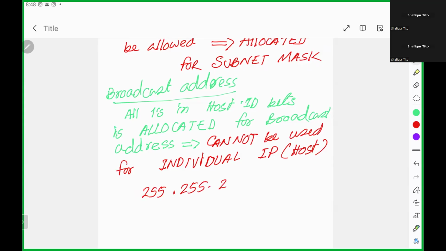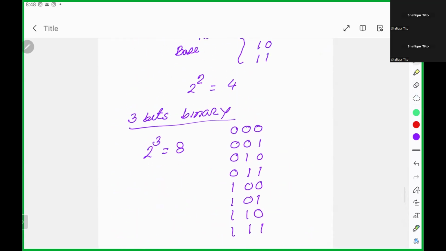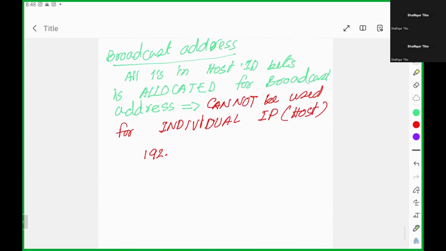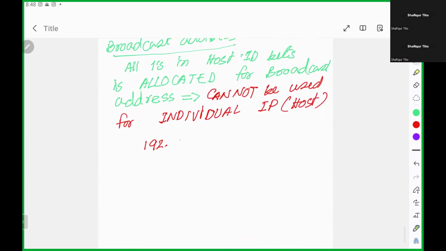255.255.250, sorry, this will not be the address. The address will be 192. So the address we started with is 192.168.40. So 192.168.40 and then 255, I cannot use.